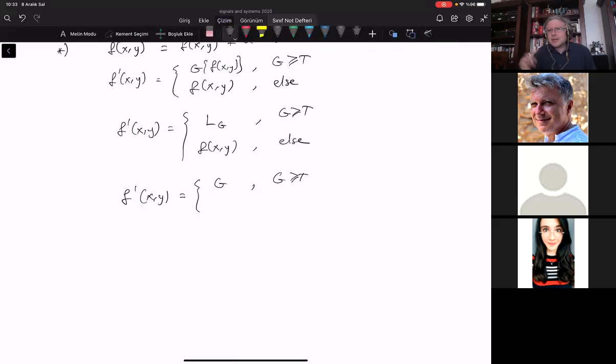These thresholds are not the same, of course. They all depend on your applications. And a background constant value else. The last one is mostly used for operations like edge detection and things like that, because it gives you constant values throughout the image, and it gives you some emphasized intensities only along the gradient points.